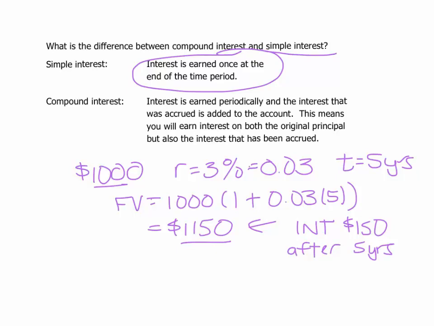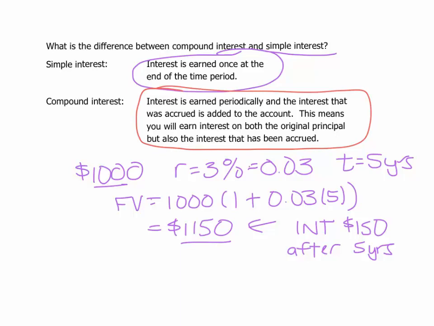Now, the difference with compound interest is that the interest gets earned every period. Maybe it's earned every month, maybe it's earned every 6 months, but interest is earned and then it's added to the account at the end of that time period.